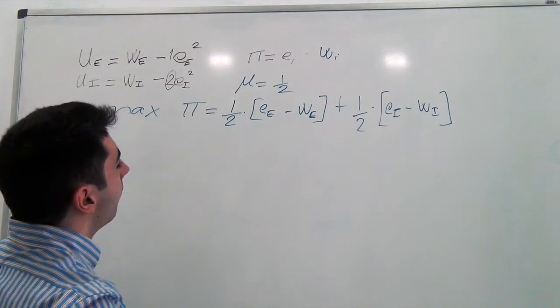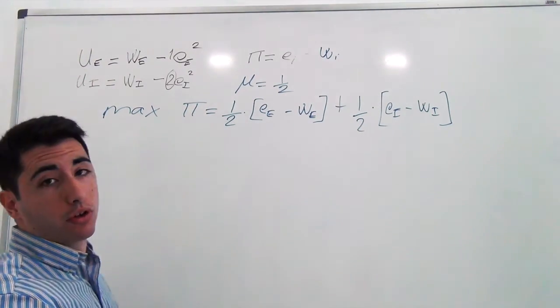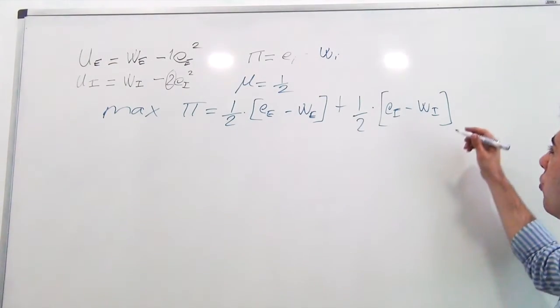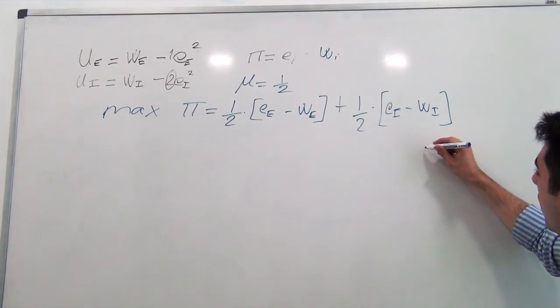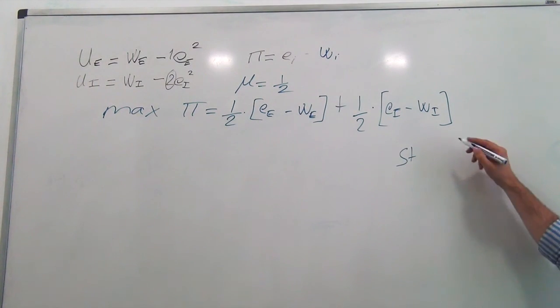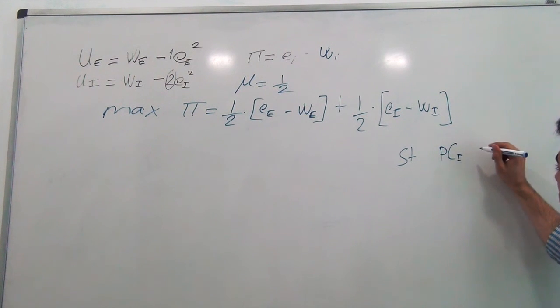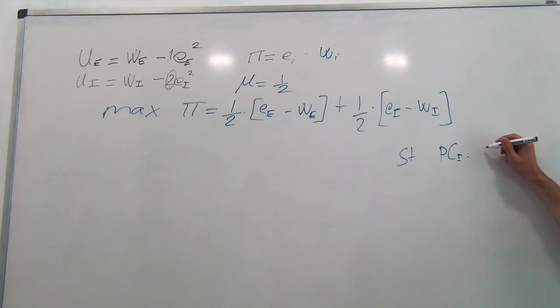Okay, so there are 4 constraints now instead of only 1 for this type. We have 2 participation constraints and 2 incentive constraints. The participation constraint for the inefficient type is as before.